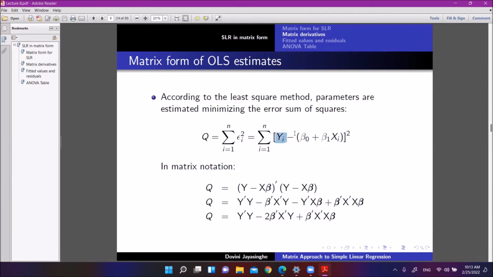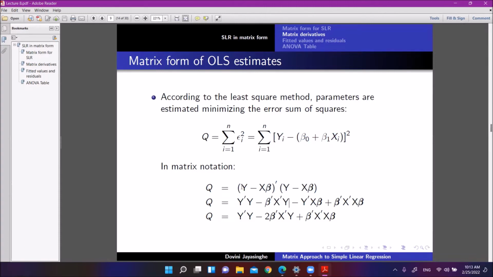So in matrix notation, now you know how to write this, right? This is this times this, say A times A. When it comes to matrices, it should be A transpose times A. You all know it, right? You can't multiply two matrices in the same order. K times 1 times K times 1, you can't have that. But 1 times K times K times 1, you can do. So if this is A squared, in matrix notation it should be A transpose times A. This is how it's defined.